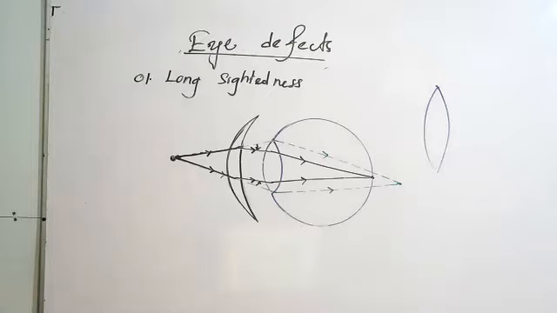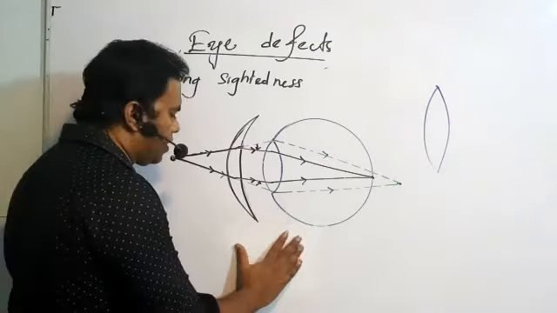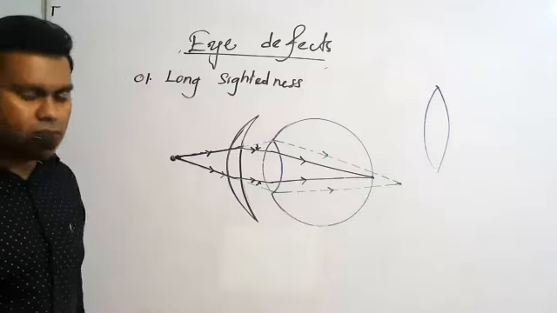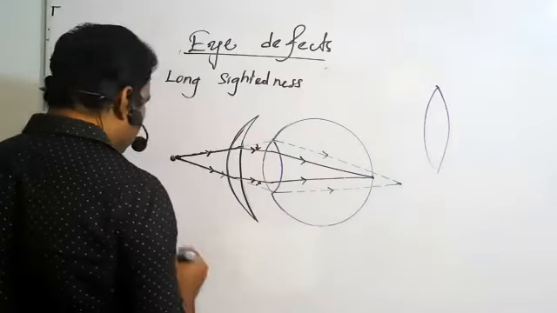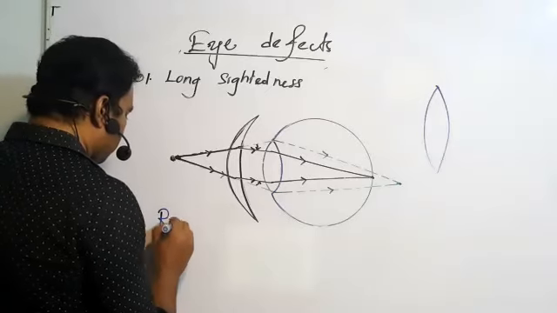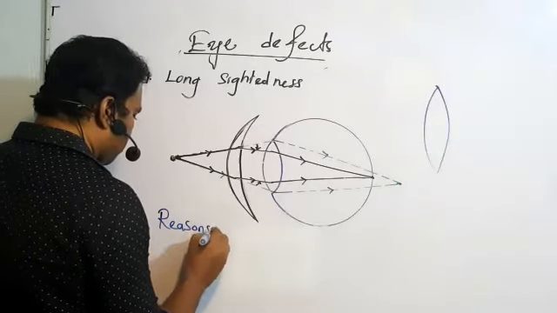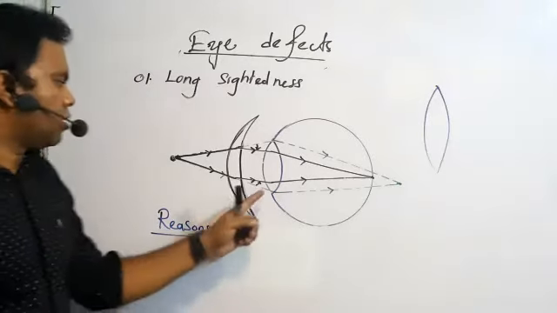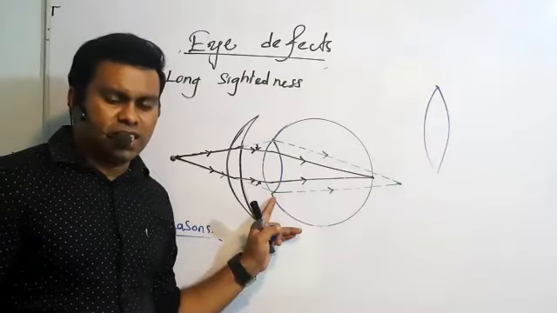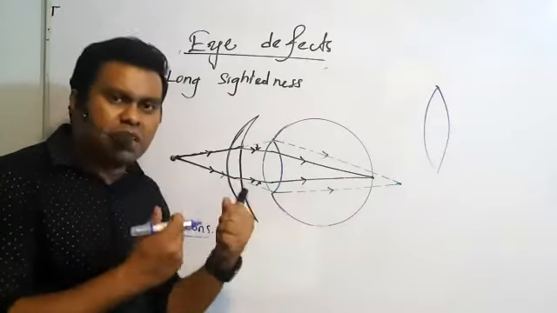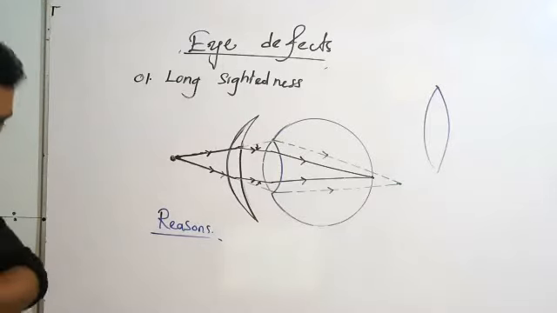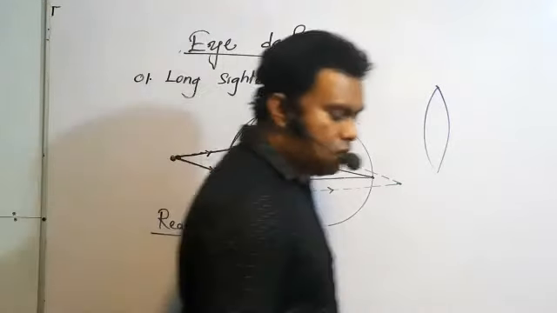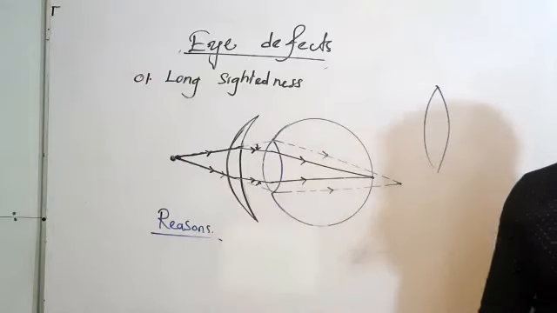Okay, I think you know the way of understanding this. Now, what are the reasons for that? Two reasons, as Nadika asked. Reasons. Weaknesses of the ciliary muscles.